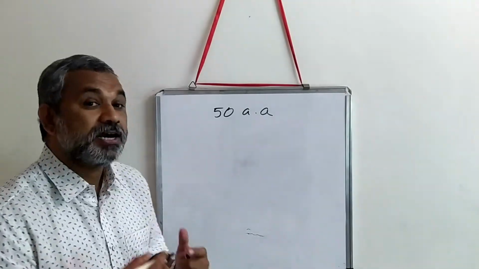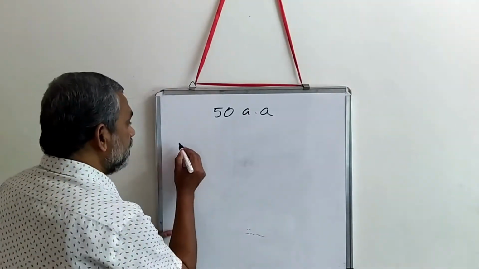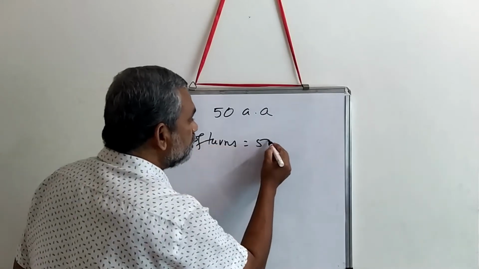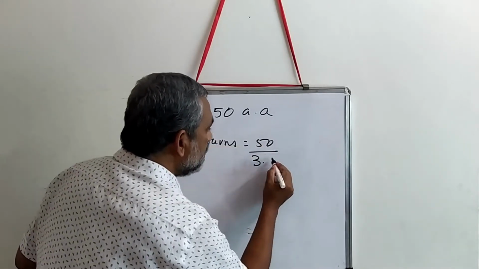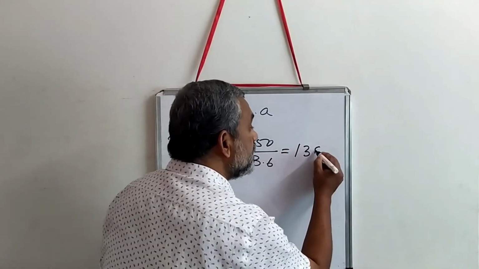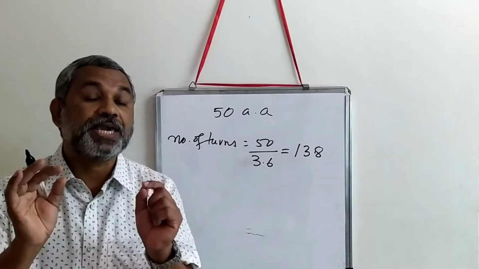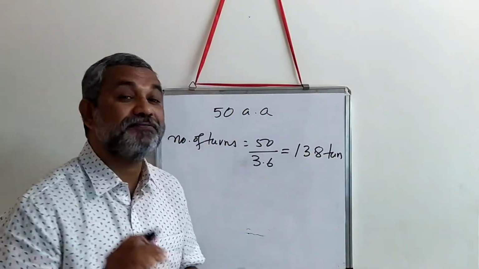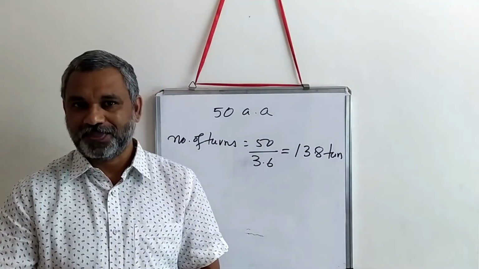So how many turns can be made? The number of turns is equal to 50 divided by 3.6, which is equal to 13.8. So you can have 13.8 turns by using 50 amino acids.